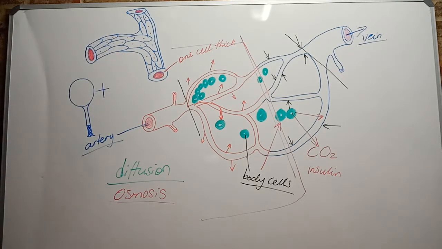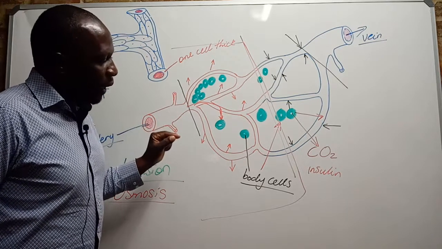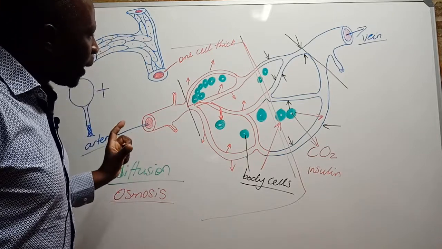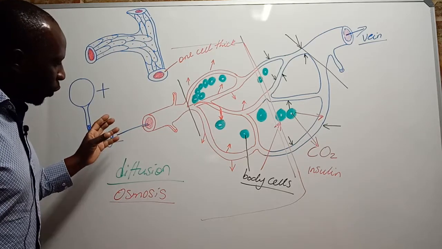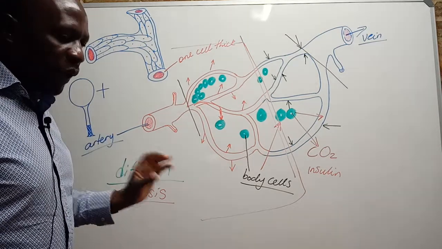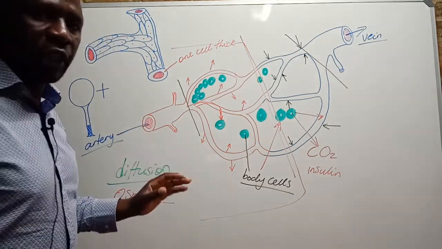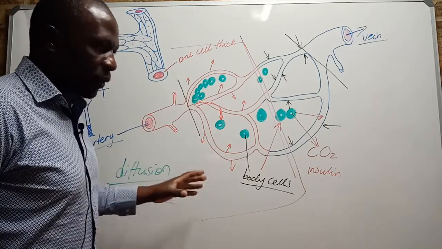Now let us also go on to analyze the other reason why oxygen manages to get through, because oxygen is one component that is very, very important to our body cells.